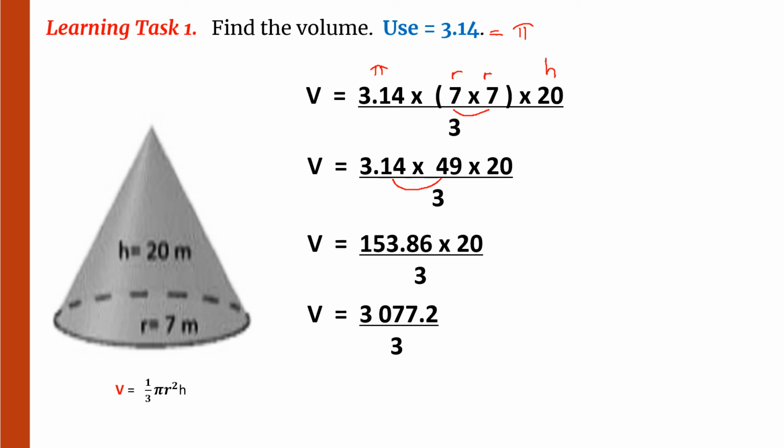Well, 3077.2 is from the product of 153.86 and 20. Time to divide. We have now 1,025.73 cubic meters. At ito mga bata, ang sagot dito sa problem na to kapag ang given ay cone with a radius of 7 and a height of 20 meters.